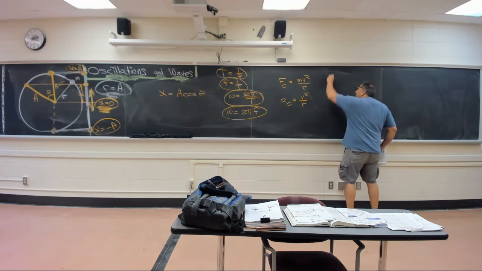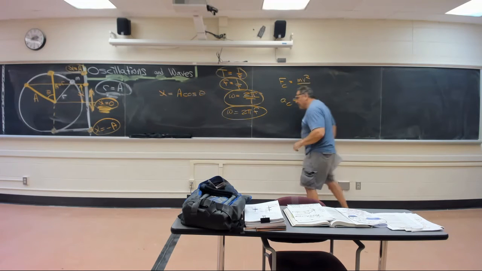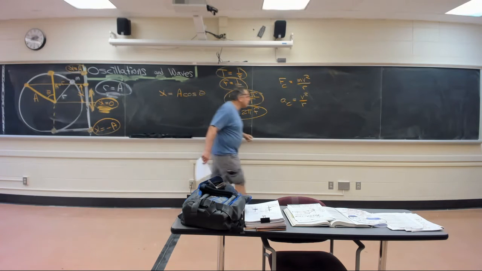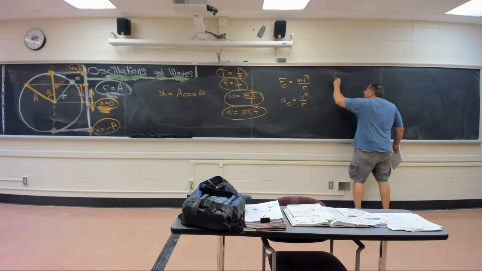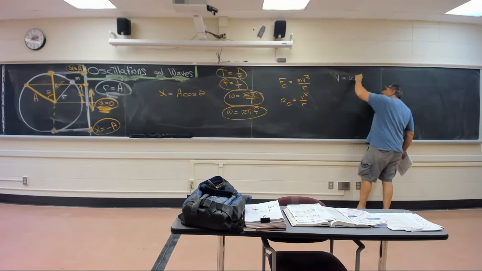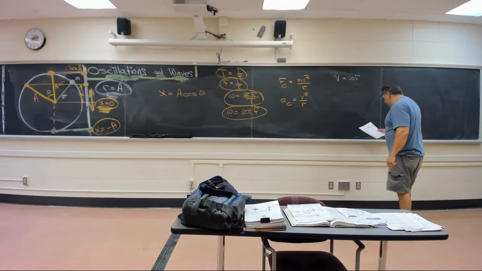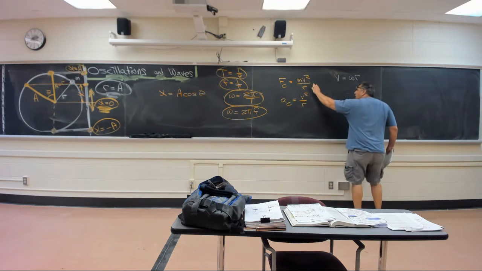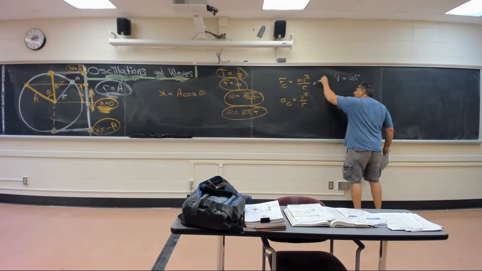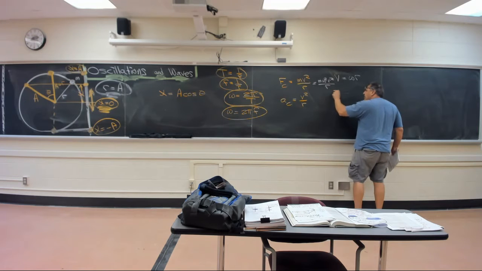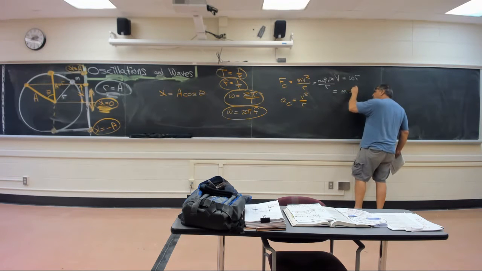Remember that v, you guys remember that v was omega times r, based on things we've said in the past. If v is omega times r, v squared over r is m omega squared r squared over r, which is equal to m omega squared r.